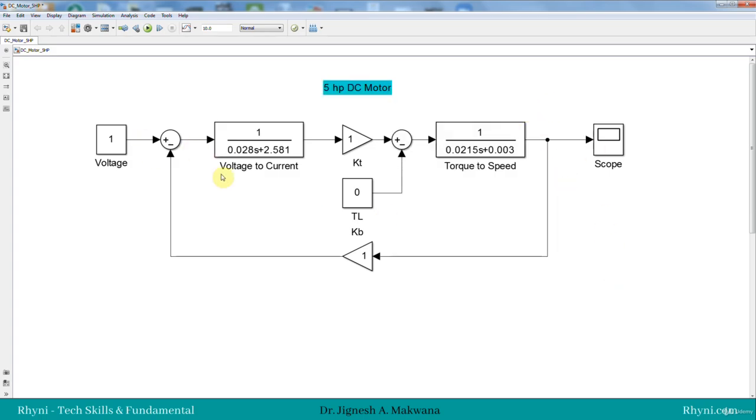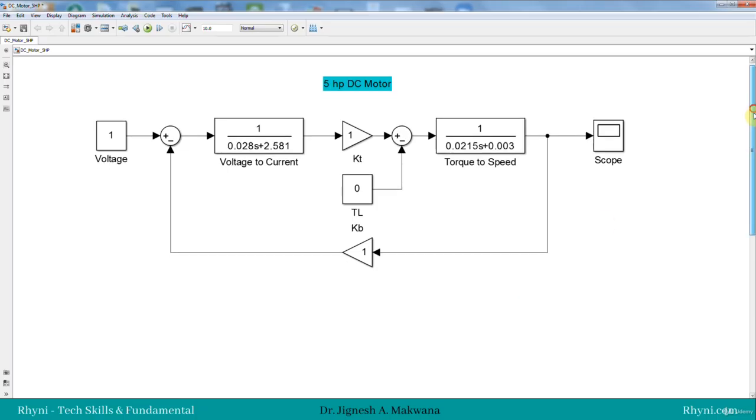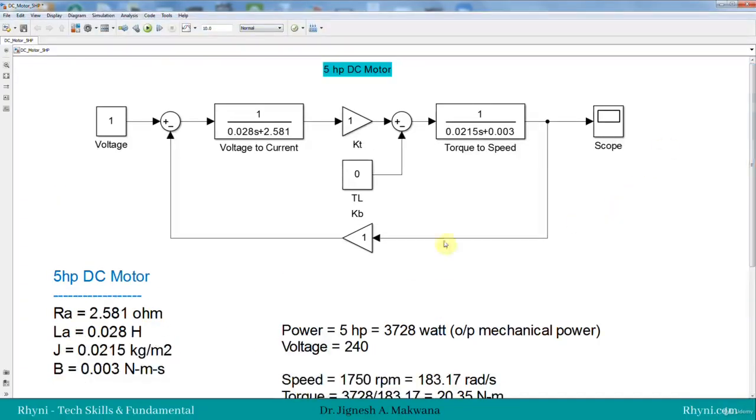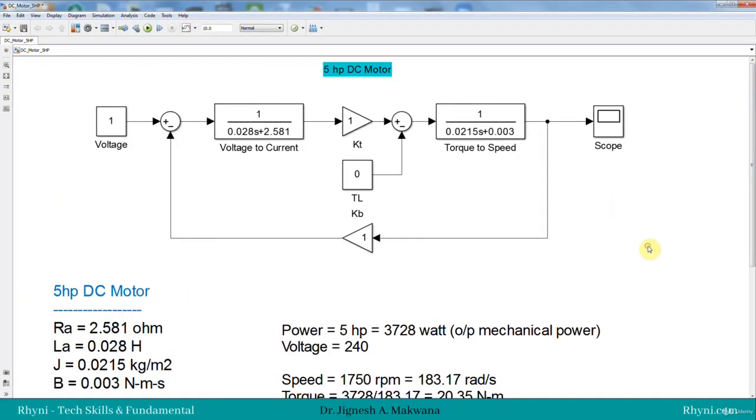Now let's analyze the model for the given parameters and validate it by simulating it.